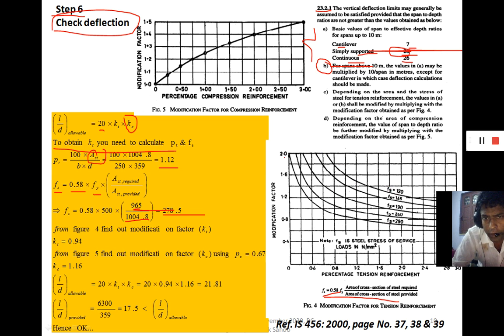In figure 4, the x-axis represents the percentage of tensile reinforcement and the y-axis is the modification factor. Now the value is about 270, which is between 240 and 290, so we draw a curve between these two.